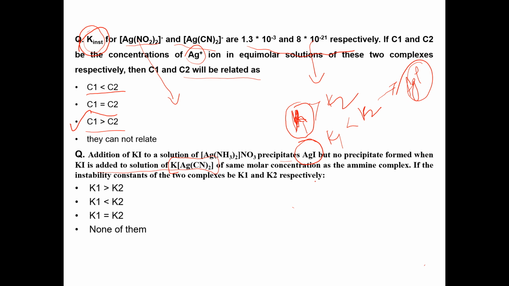If the instability constants of K1 and K2 are given, and it is donating its silver ions in solution, then the instability constant will be higher in this case. So this will be the right answer.